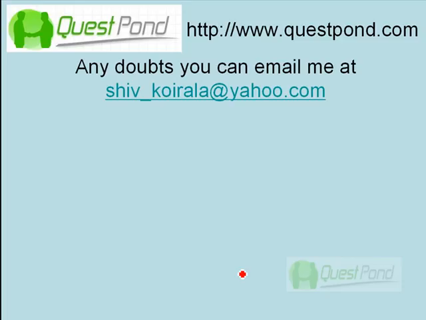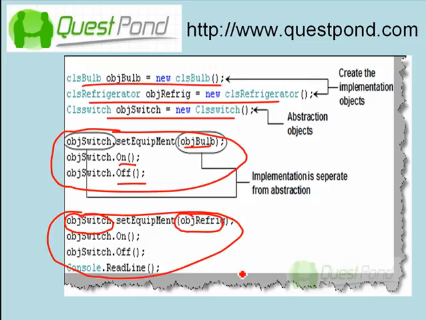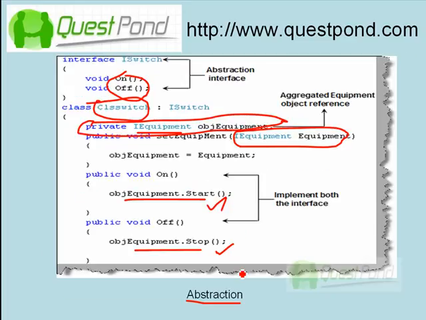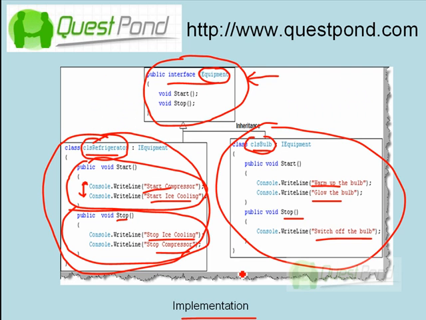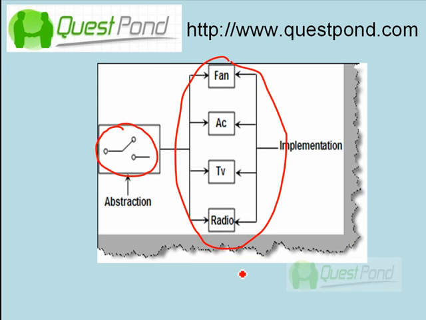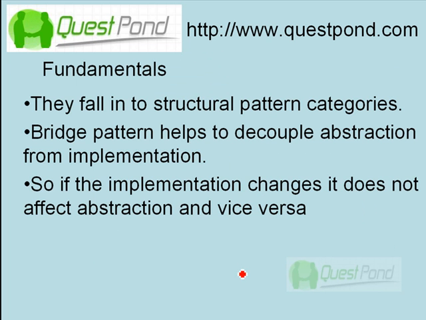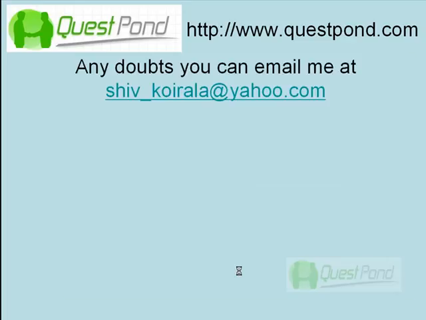Because we have gone through so many design patterns till now, what you can do is keep a list of design patterns with you, along with a simple definition of each, so whenever you have a problem, you just look at the list.